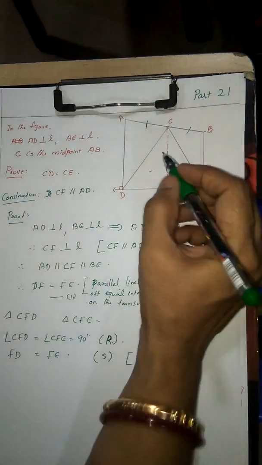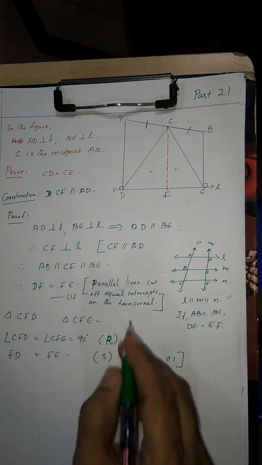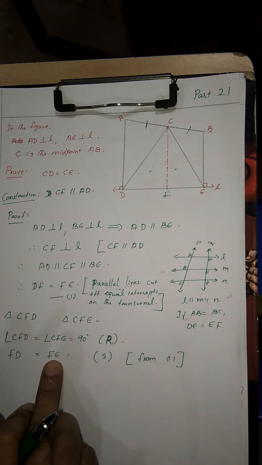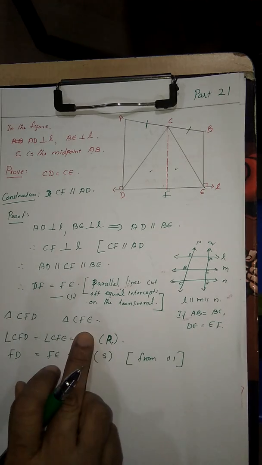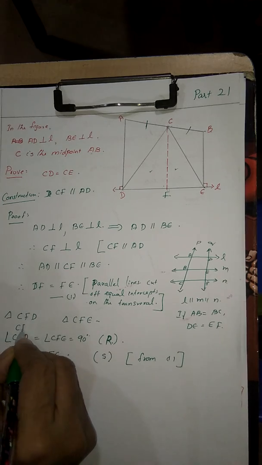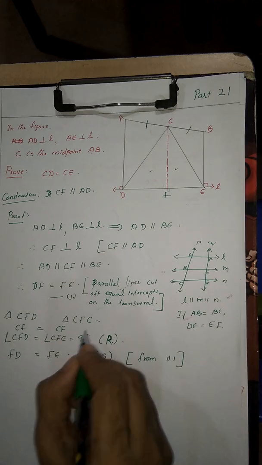Sorry, it is not RHS, it is SAS. We have to prove the hypotenuse. So we can write FD is equal to FE, then angle 90, and then CF is common. So we will write CF is equal to CF. It's common.